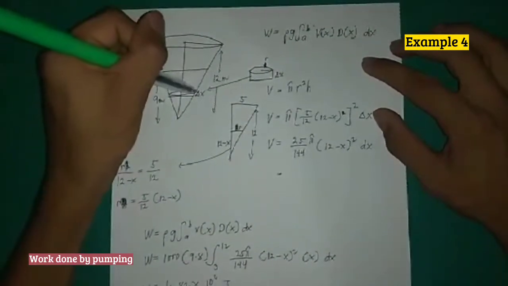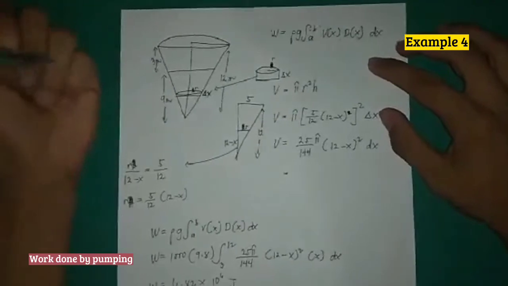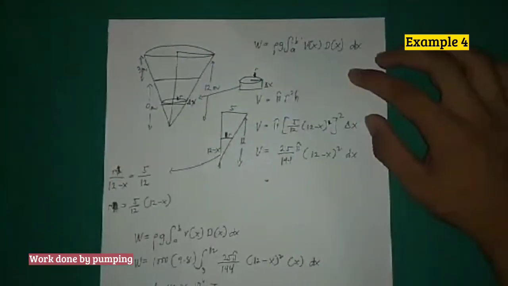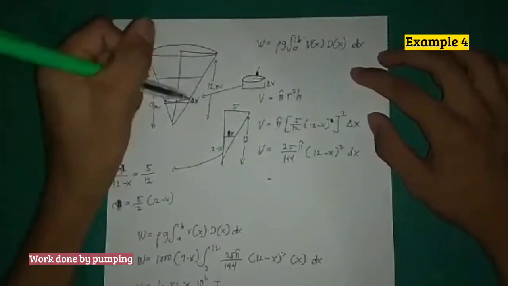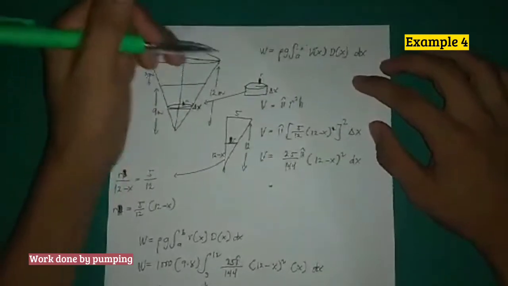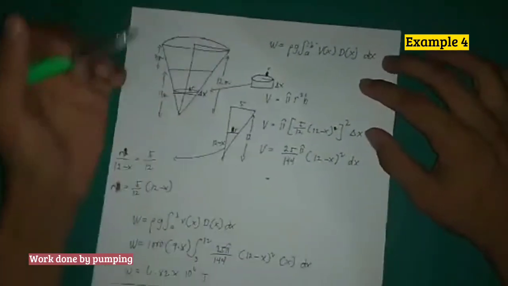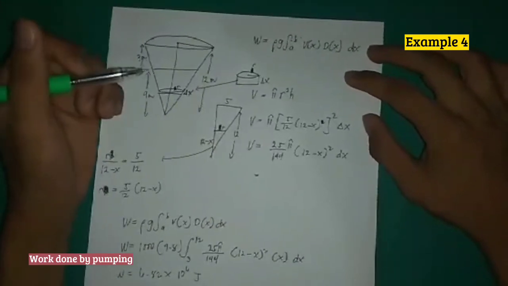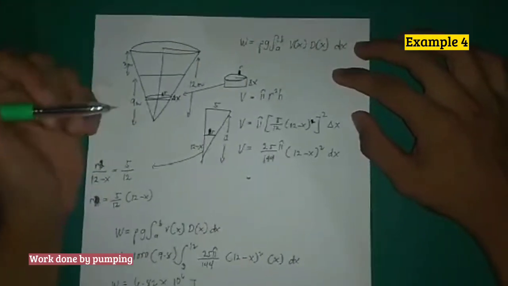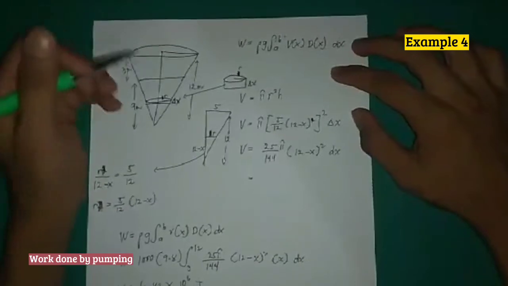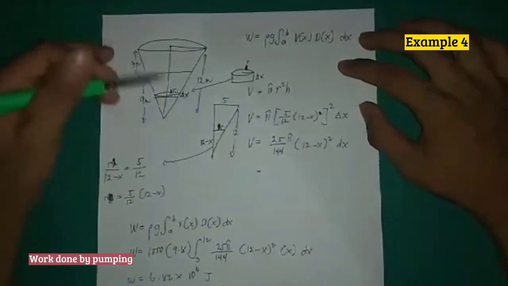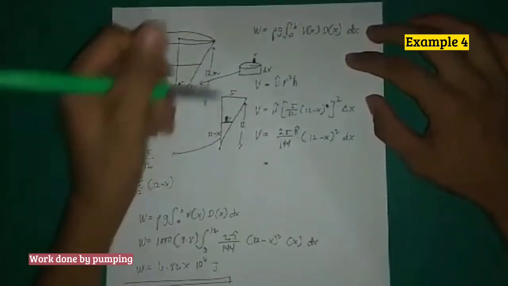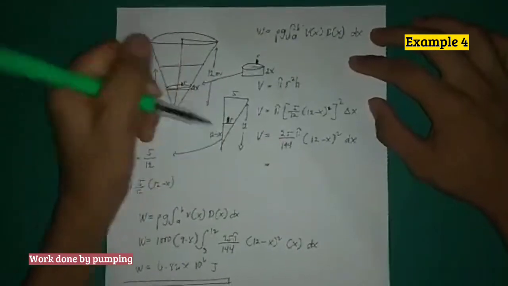And also this is the delta x. So since no distance has been given yet, what we will find is, we can see a triangle here.